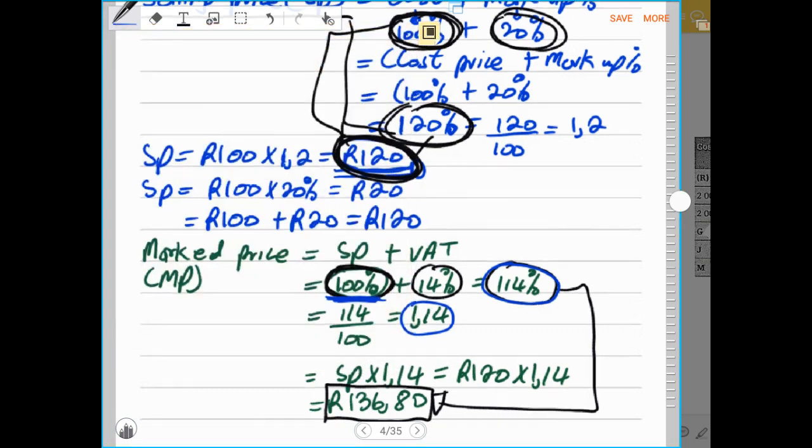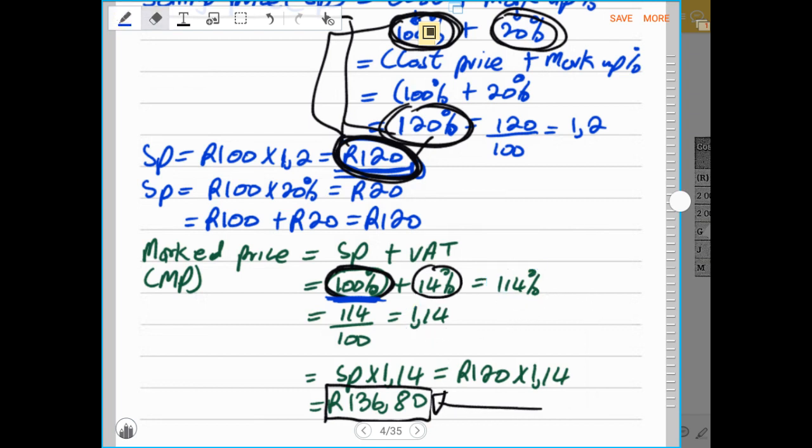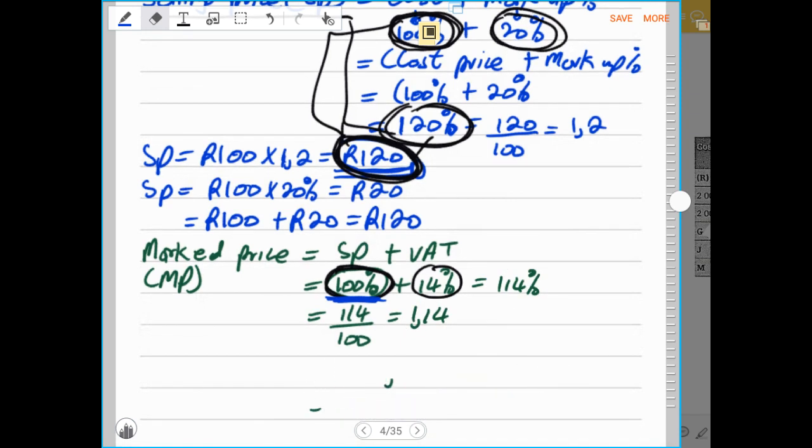So now I have shown you how you can do this calculation, and one that I still have to show you is the calculation of the amount of VAT, where you can use the amount of VAT to get to the marked price.